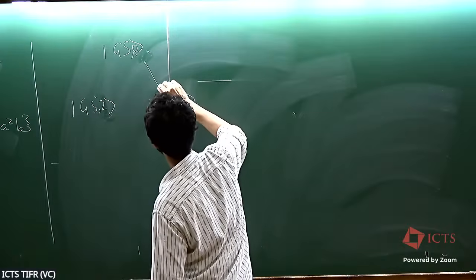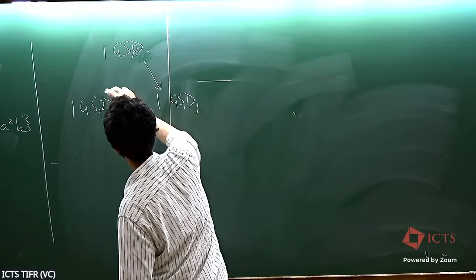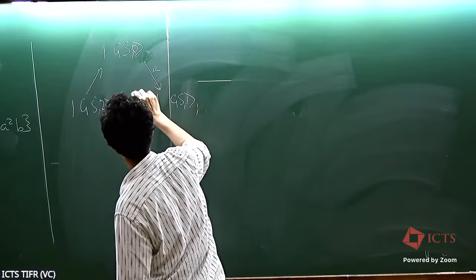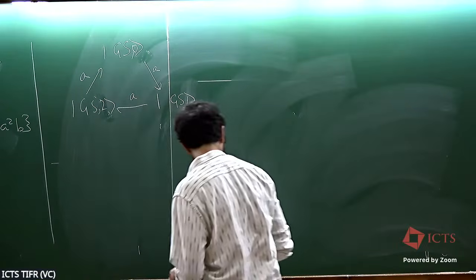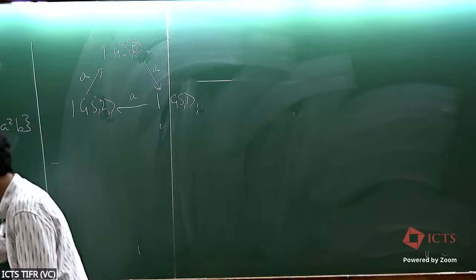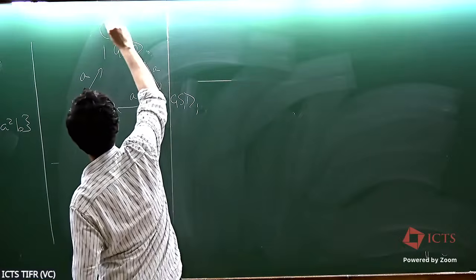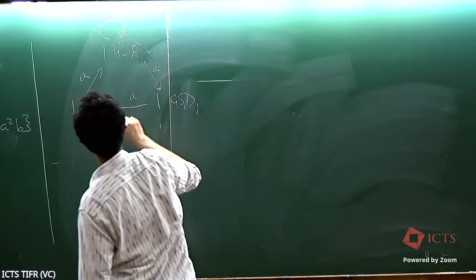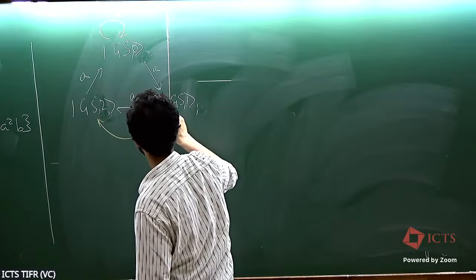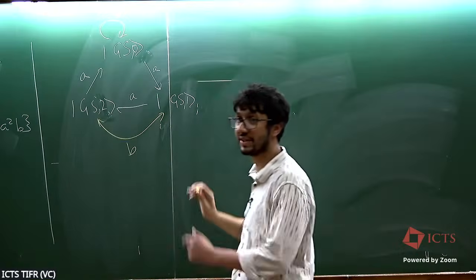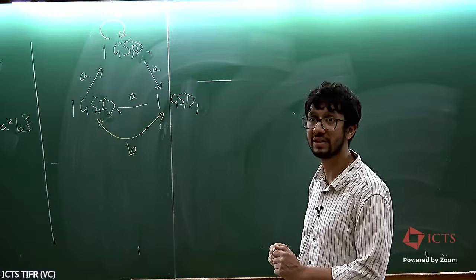And the A symmetry maps between these. Meanwhile, the B symmetry, the operator, acts invariantly on this while it swaps these two. This is just the natural action of S3 on a triangle.